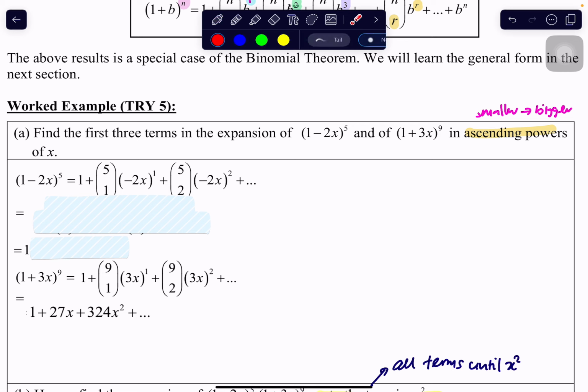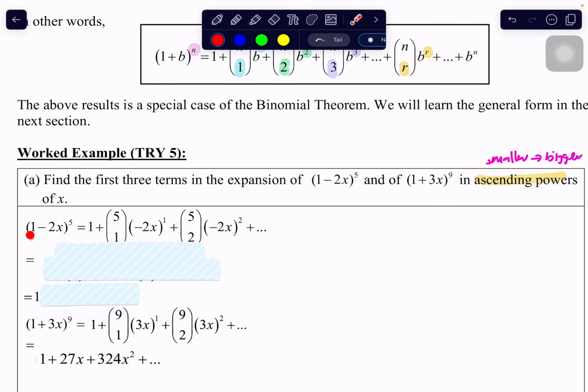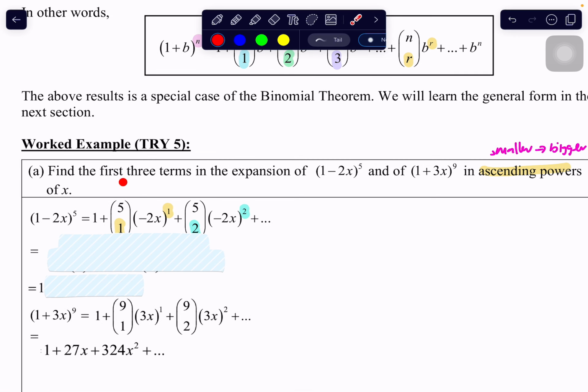The first thing you need to do is apply the formula. If the first term is 1, this will always be 1. So 1 plus 5 choose 1 times the second term raised to the power of 1, plus 5 choose 2 times the second term raised to the power of 2, and so forth. I stop here because the question only gets us to expand the first three terms.